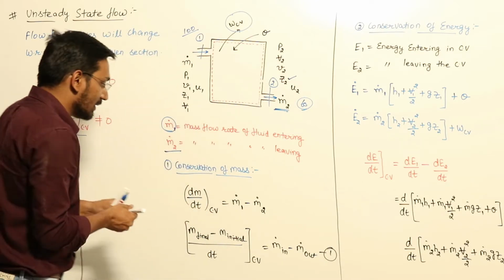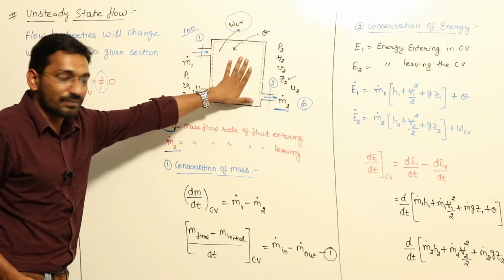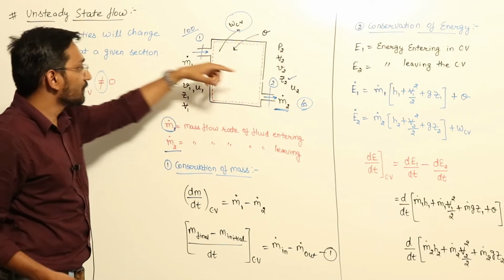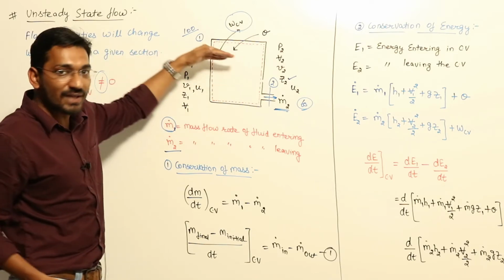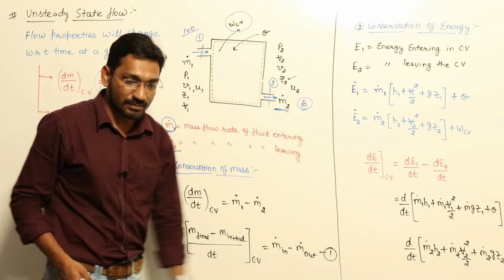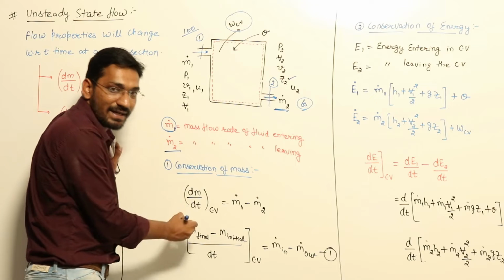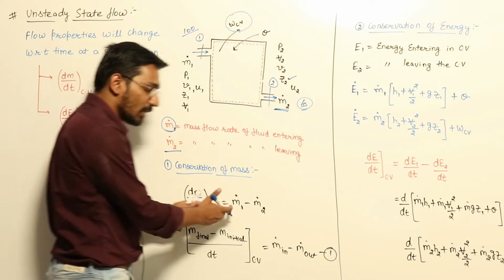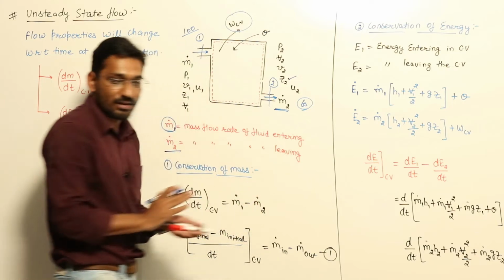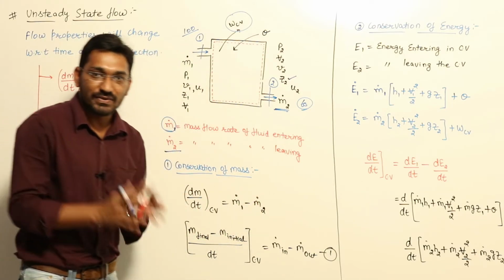Conservation of mass says that the rate of change of mass with respect to time of this control volume is equal to the rate of mass coming inside minus the rate of mass going out of the system. So dm by dt of a control volume will be equal to mass flow rate at inlet minus mass flow rate at outlet, because the net mass will be conserved.